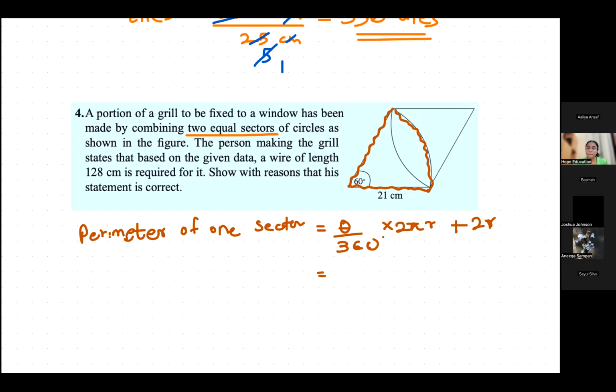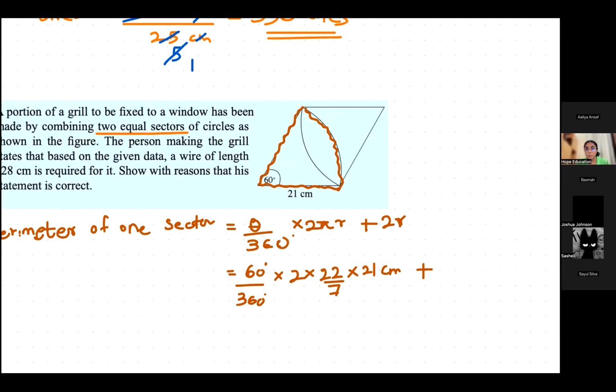What is the radius? 21 centimeters. Yes. So 60 over 360 multiplied by 2, pi is 22 over 7, radius is 21 centimeters, plus 2r, which is 2 multiplied by, again, the radius 21 centimeters.